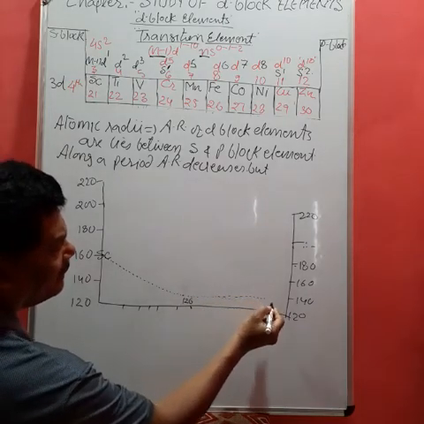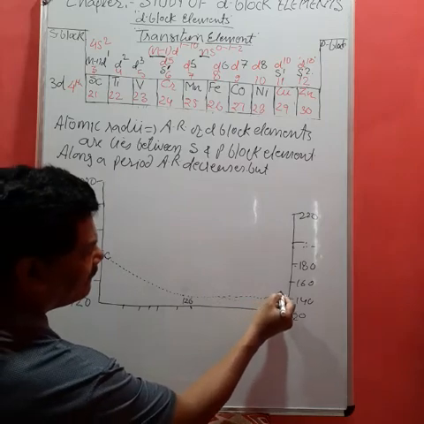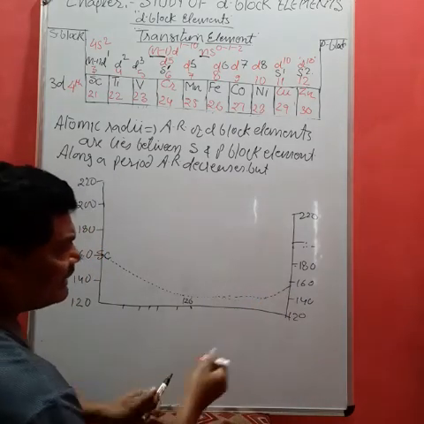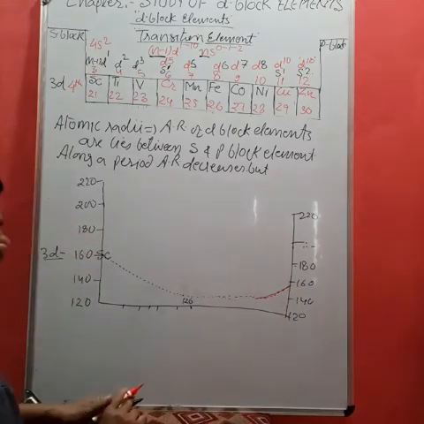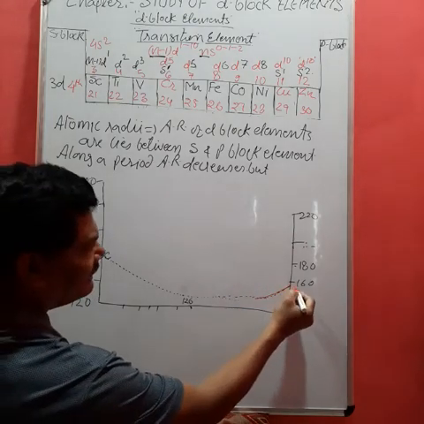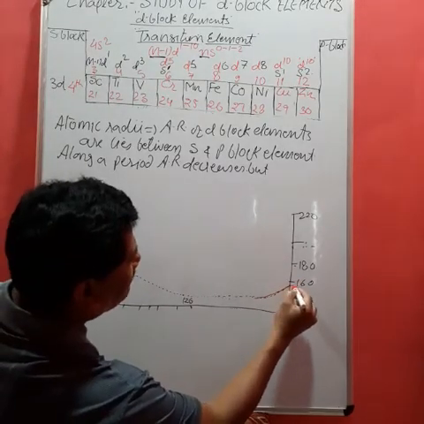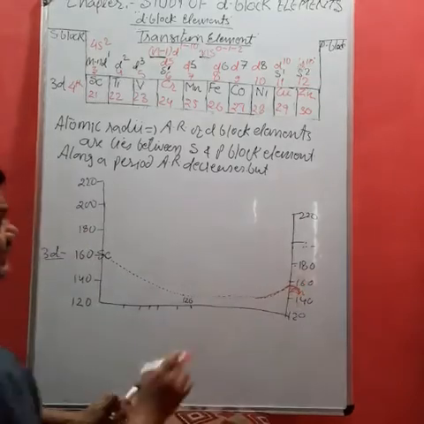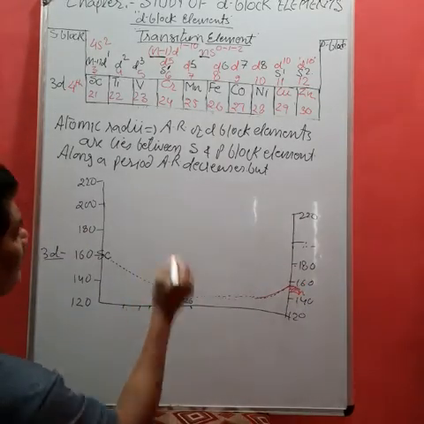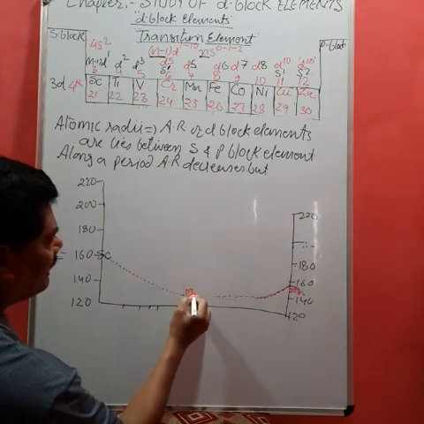And for the last element, there is a sudden increase in the atomic size, but it is very small, isn't it? Like here, you can say this is for the last element, zinc. I am writing a little big in size, zinc, and this is for the middle element, Mn.